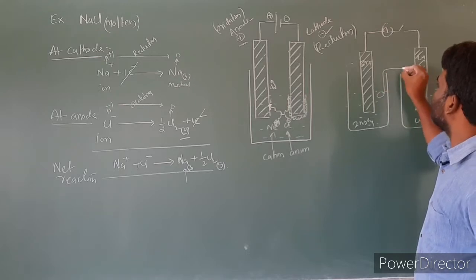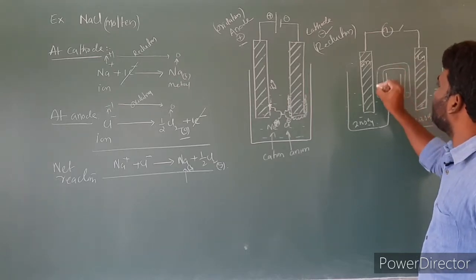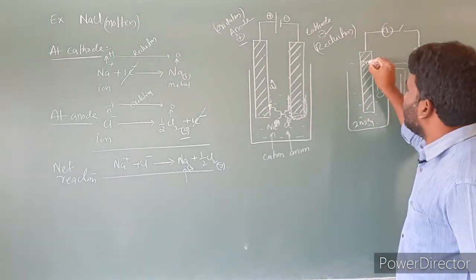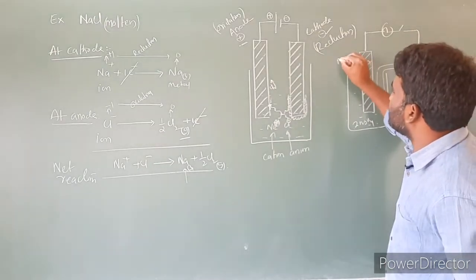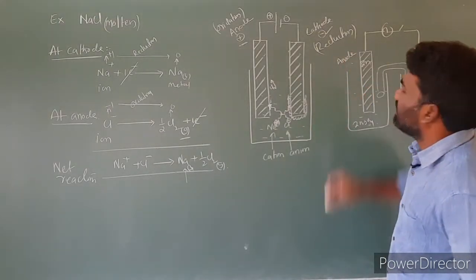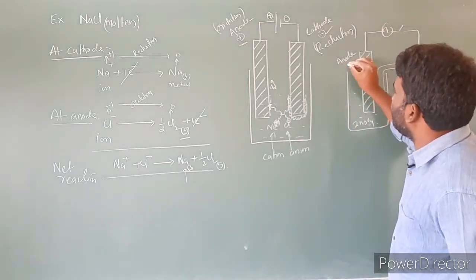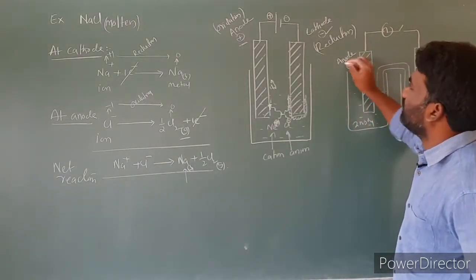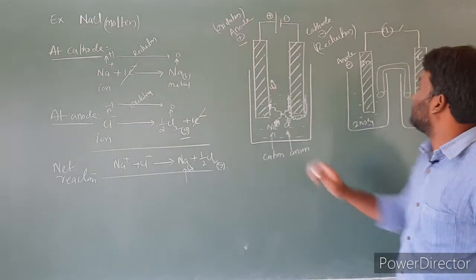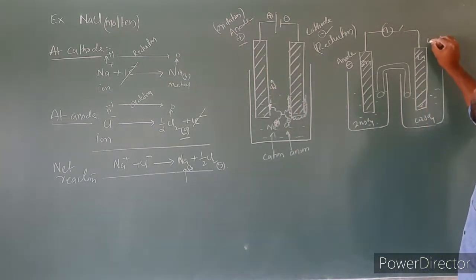Internally these two are connected by a salt bridge. We already know this very well. The point is that zinc is the anode. This anode has a negative charge, but in the electrolytic cell the anode is positive. Here copper is the cathode.